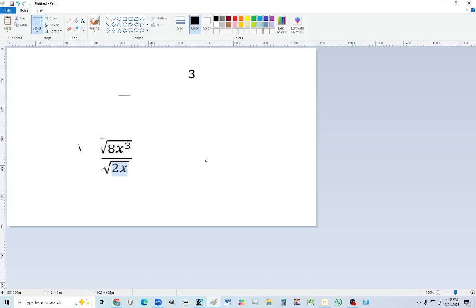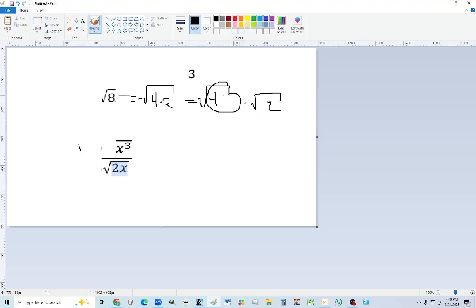You can say the square root of 8 here is the same as the square root of 4 times 2, because 8 is 4 times 2, which is the same as square root of 4 times square root of 2, and square root of 4 is 2. So that means square root of 8 is 2 times the square root of 2.